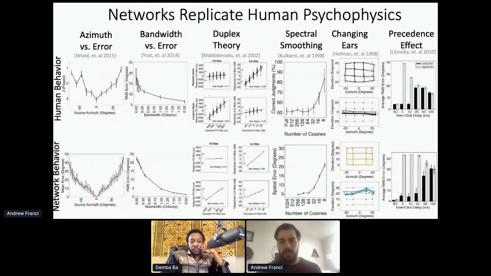So here we show a set of such experiments where human results are on the top row and network results are on the bottom row. We're not going to have time to go through all these in detail, and I'll instead give you a quick summary of each. But we hope your overall takeaway message from this is that a wide range of human behaviors are closely mirrored by a model optimized to localize in a natural environment.